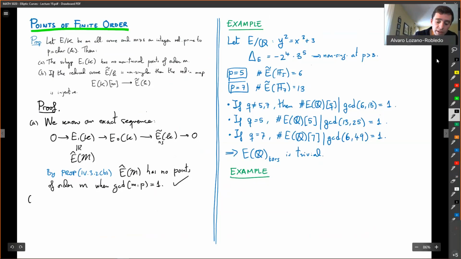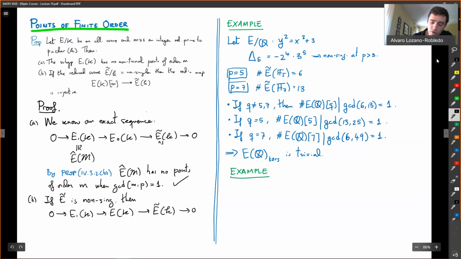And for part B, if the reduction is non-singular, then we actually have an improved exact sequence that goes from E1 to E to the reduction, because E0 is all of E and E non-singular twiddle is all of E twiddle.